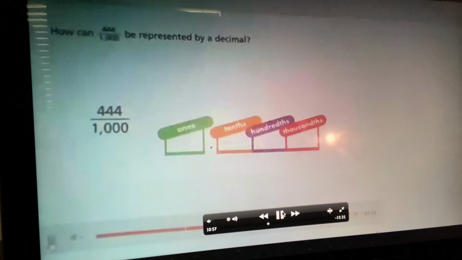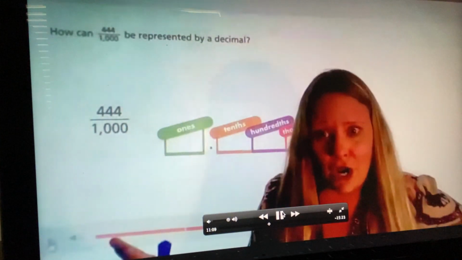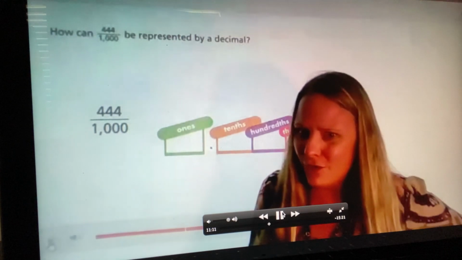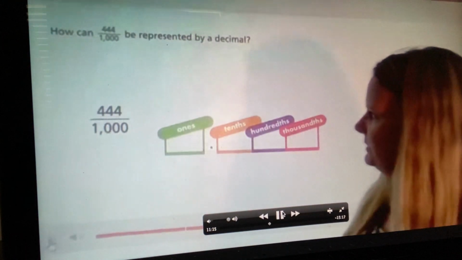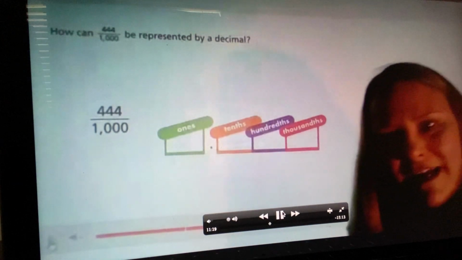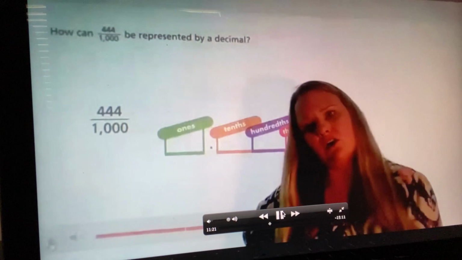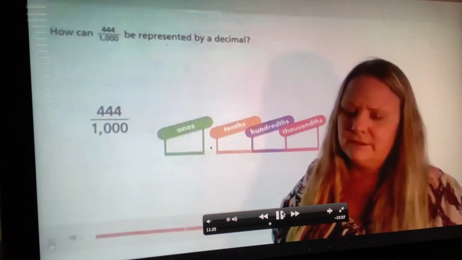How can 444 thousandths be represented by a decimal? Okay, now this has gone too far. 444? I just figured out how to do 4. Well, let me think. Oh, wait, how do we do it if it's a whole number? We did it yesterday on the bell work. Let's see.